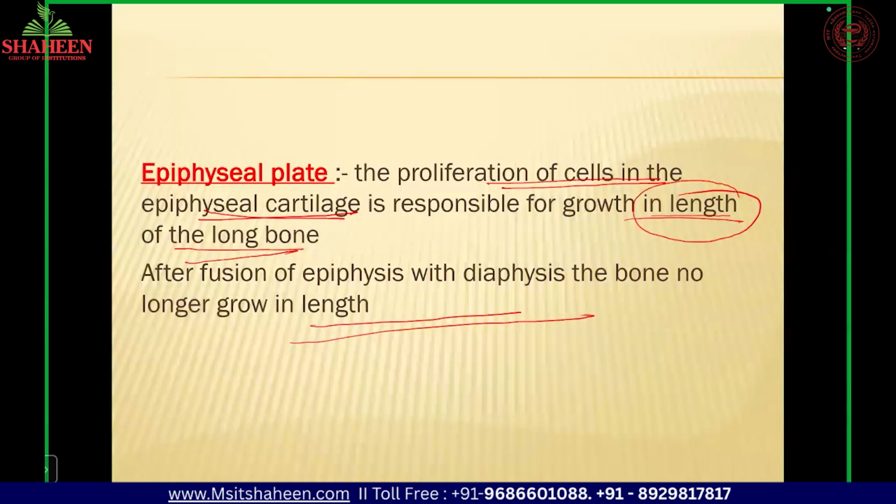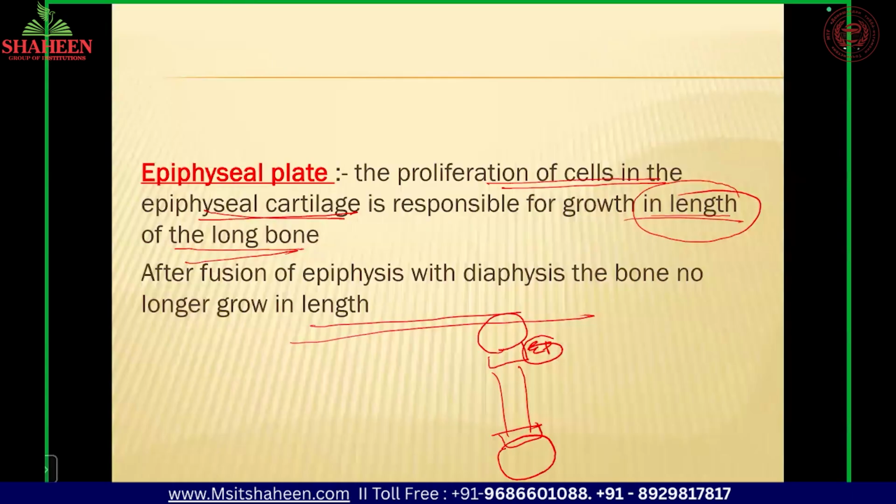You got the idea? So when you draw an epiphyseal plate, this is the epiphyseal plate. It consists of cartilage and contains a large number of cells which are immensely proliferating by themselves, which is responsible for the growth in the length of the long bone.